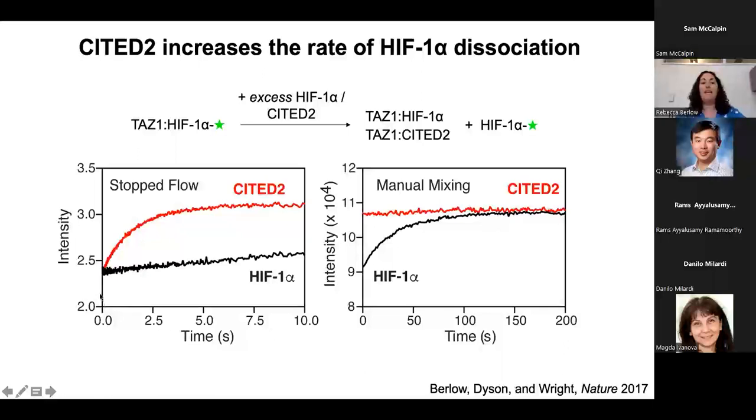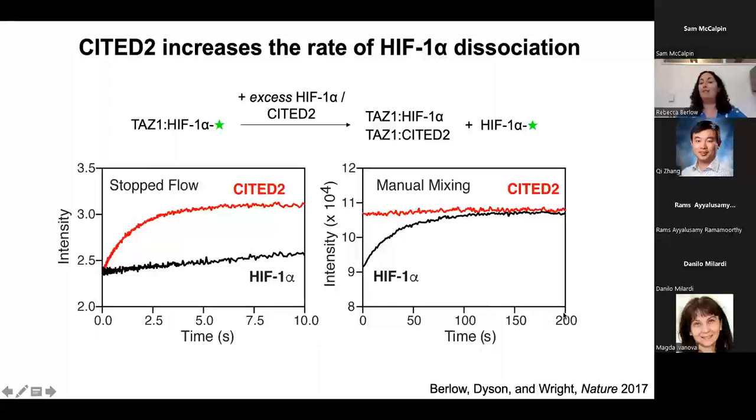And what we can see is that we see this nice exponential increase in signal for Cyto2 displacement of HIF1 alpha, but HIF1 alpha displacing itself occurs very, very slowly. And it turns out that we actually have to do a manual mixing experiment with a dead time that's equivalent to the exact time of the stop flow measurement, so 10 seconds.